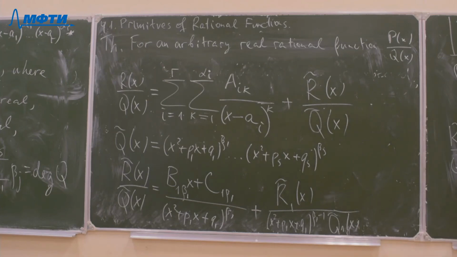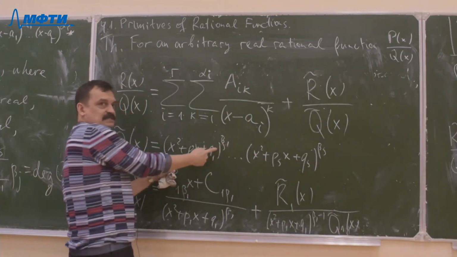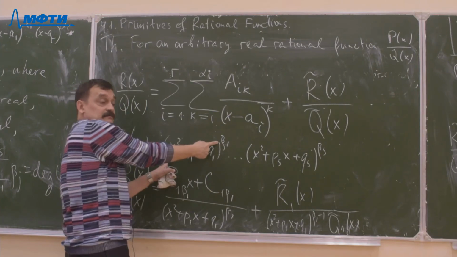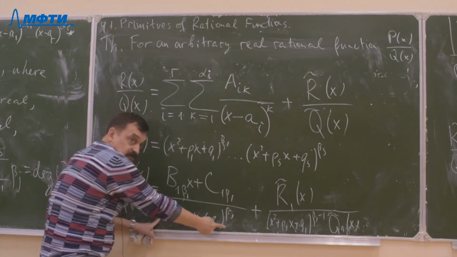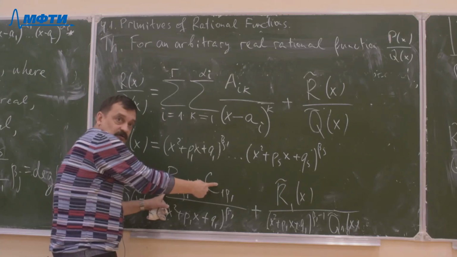That is the application of lemma 2, right? We have one term in maximal power in the denominator, and a linear polynomial in the numerator.